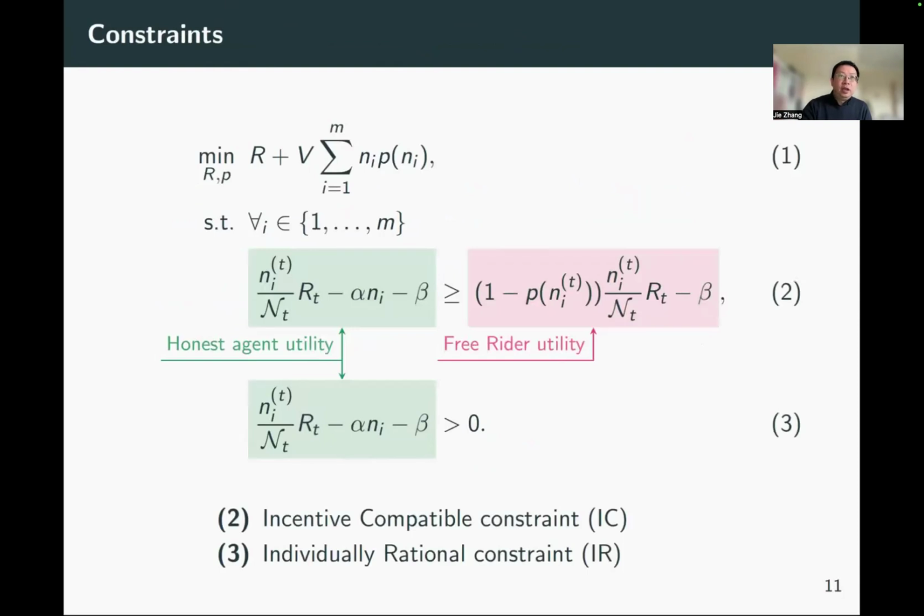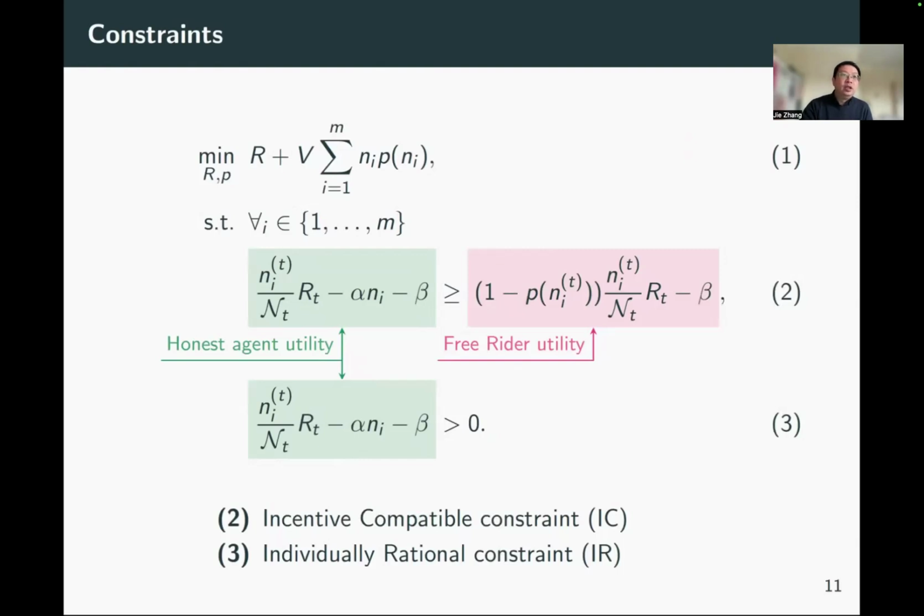So at the top here, we can say that we are just minimizing the cost function with respect to our reward and probability schemes. This is just the cost of the central node in equation 1 there, and we are subject to two constraints. Constraint number 1 is our incentive compatibility constraint, which is saying that the expected utility gained by acting honestly should be greater than the expected utility by acting as a free rider.